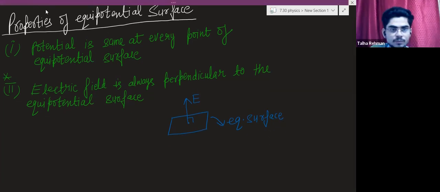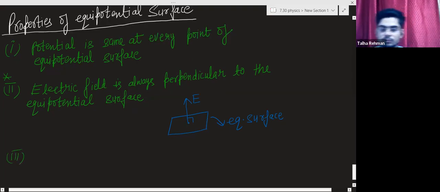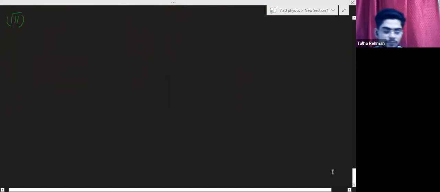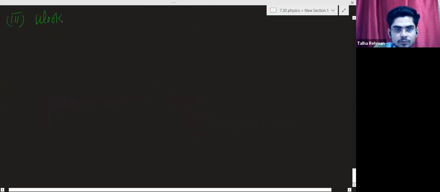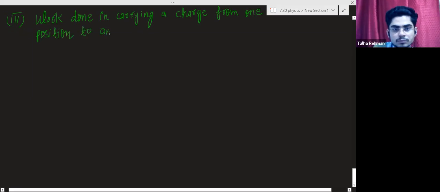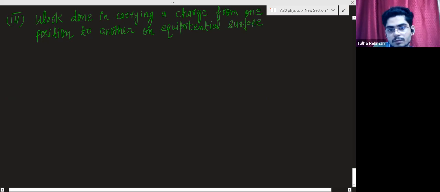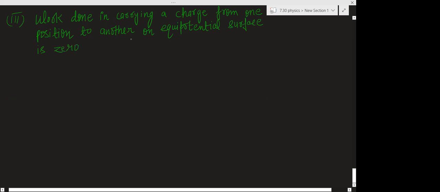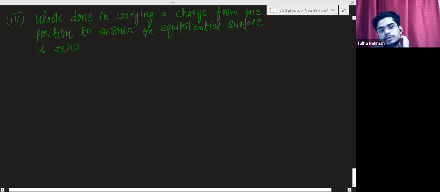Another property. It's 0, right? Good. So the work done in carrying a charge from one position to another on an equipotential surface is 0.